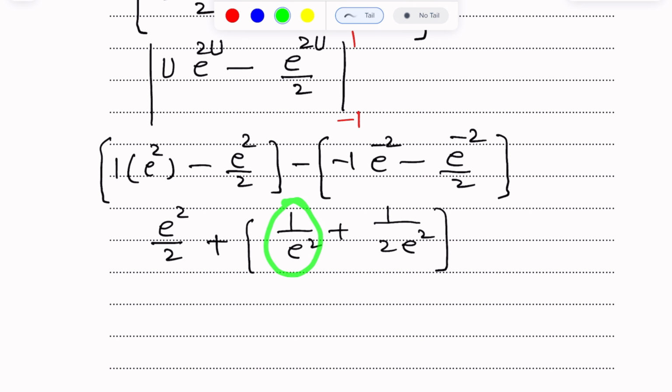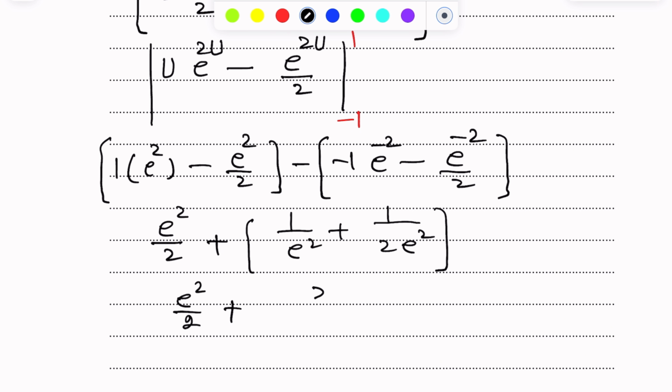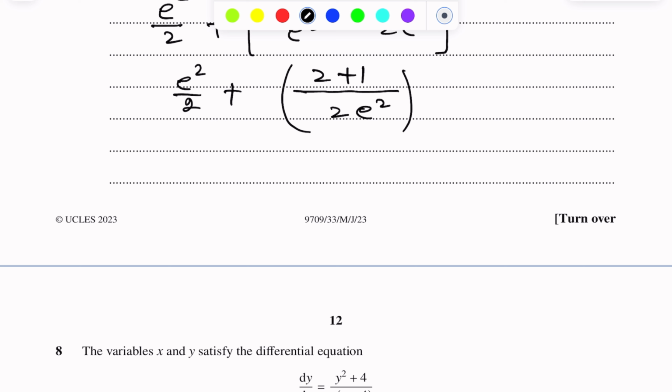Now these are two fractions. LCM is 2 e square. Applying the LCM process, we can write it as e square over 2 plus 2 plus 1 over 2 e square, over 2 plus 3 over 2 e square.